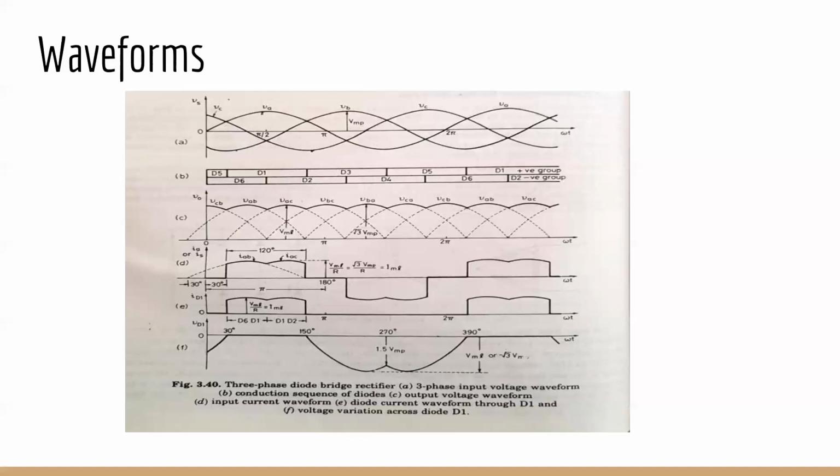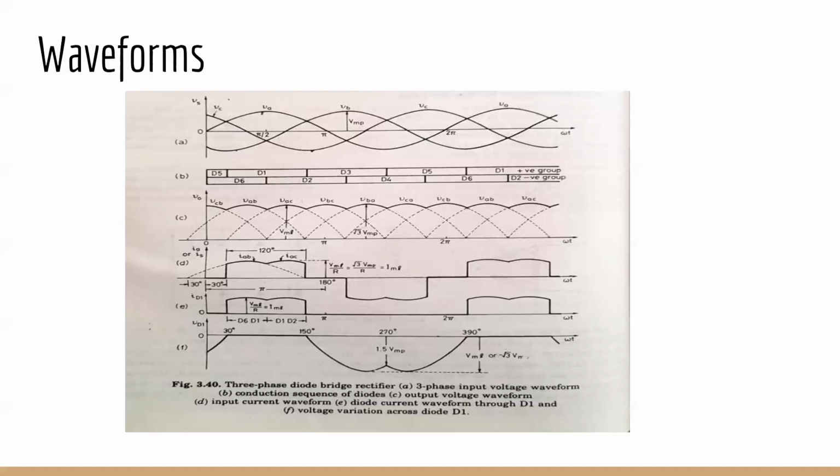Also, from omega t equals 0 degrees to 90 degrees, VB is the most negative. Therefore, diode D6 conducts during this interval. Conduction of negative group diodes is shown as D6, D2, D4, D6, etc., as shown in figure B.